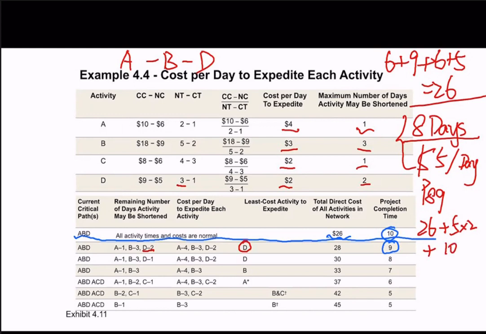If you check the textbook, we have the $10 for the total indirect cost. So the total cost for this project will be 46.